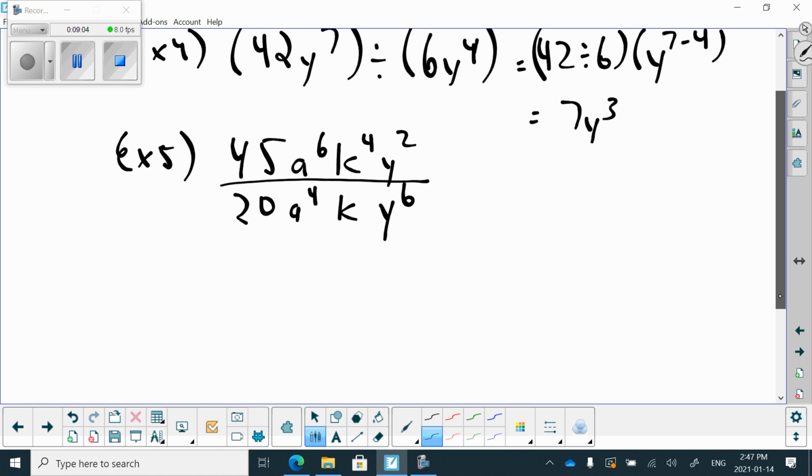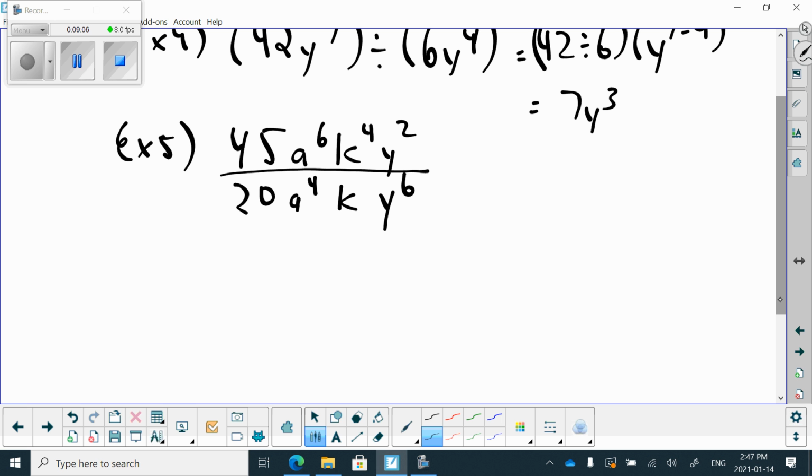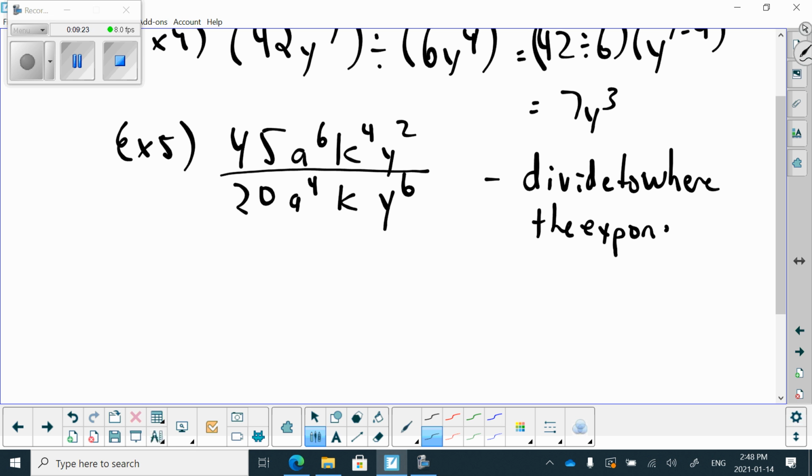What did I preach to you guys when we did exponents about where we divide to? Higher. Exactly, the one with the higher exponent.